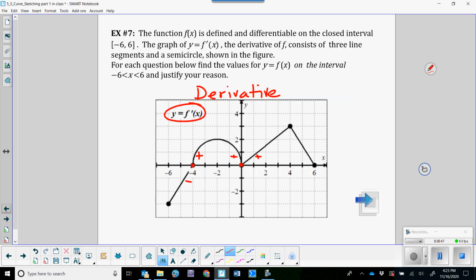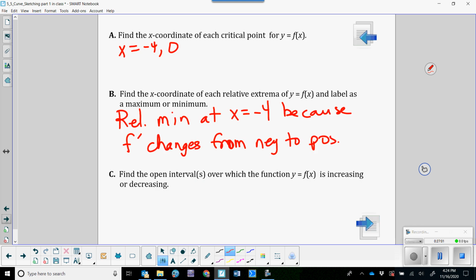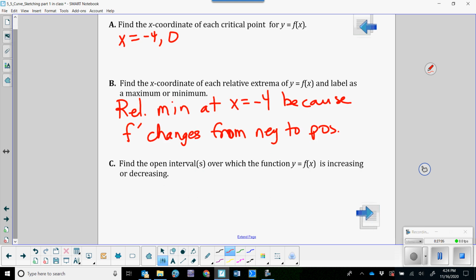Okay? Find the open intervals where f of x is increasing. If f of x is increasing, then this derivative would be above the x-axis. So that means it is increasing from -4 to 0 and then 0 to 6. Now remember, it's not above the x-axis at 0, so it's safer to not answer that, okay?